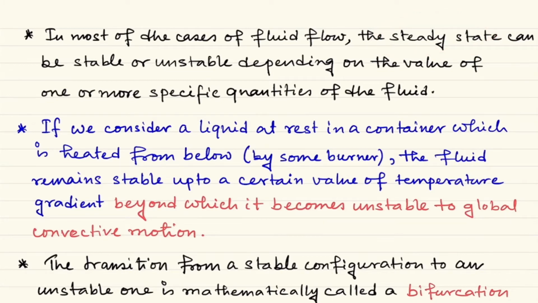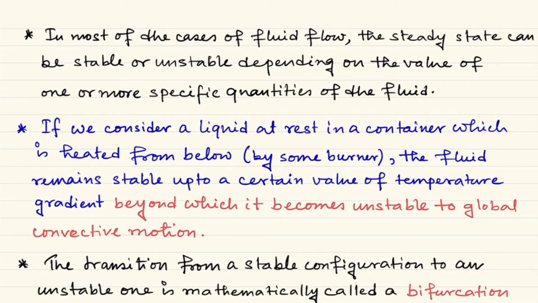For example, if we consider a liquid at rest in a container and the container is heated from below by some energy agent, like a burner, the fluid remains stable up to a certain value of the temperature gradient. That means the heat is transported from one layer to the other just by conduction, so macroscopic motions cannot be visualized.